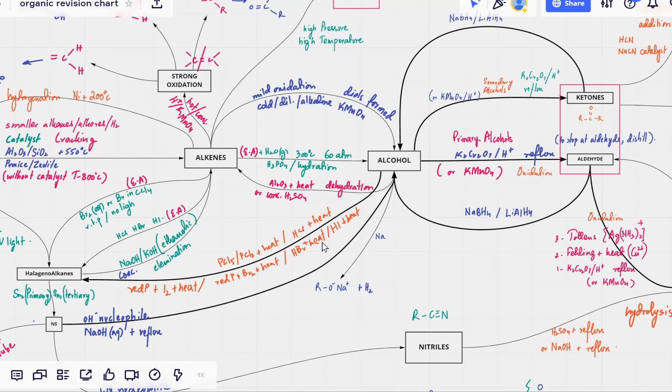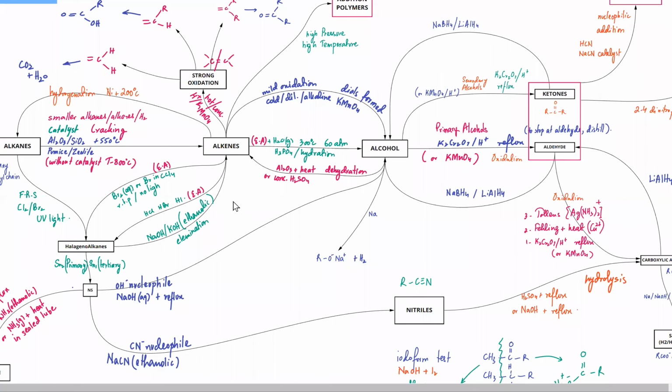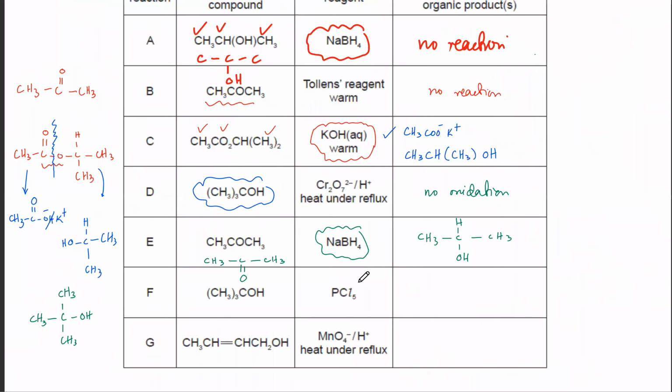The OH will get replaced by a halogen. So that's what's going on in this particular case. You reacted with PCl5, the OH gets replaced, so everything would be the same. It's going to be CH3, bracket 3, and it would become CCl.